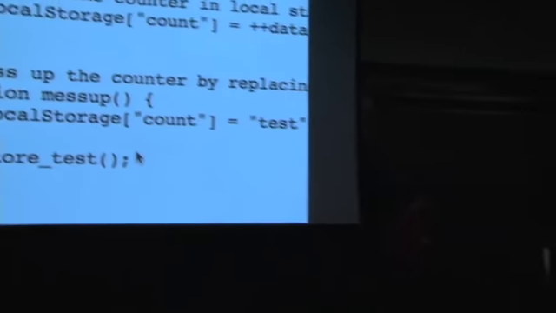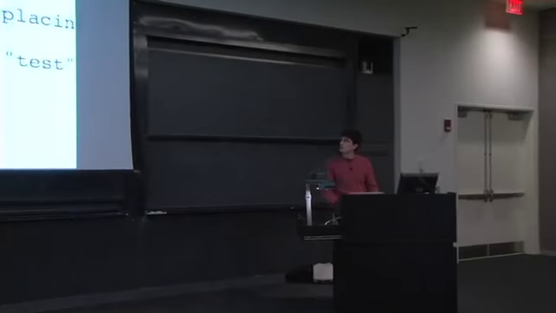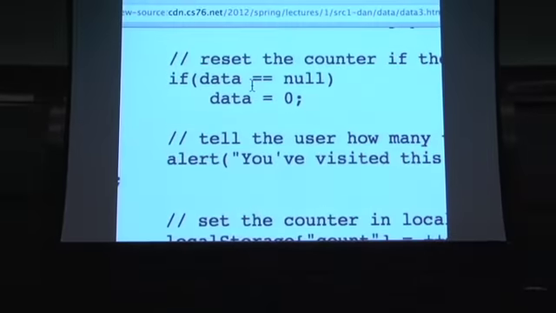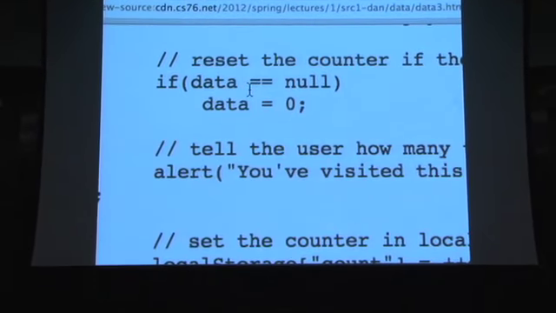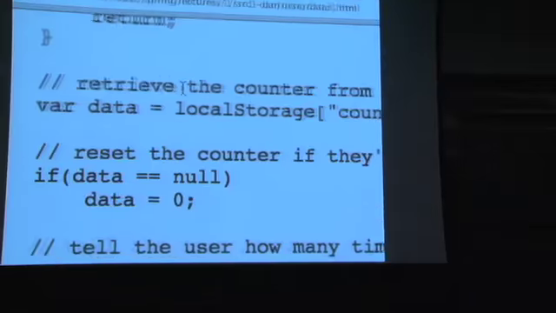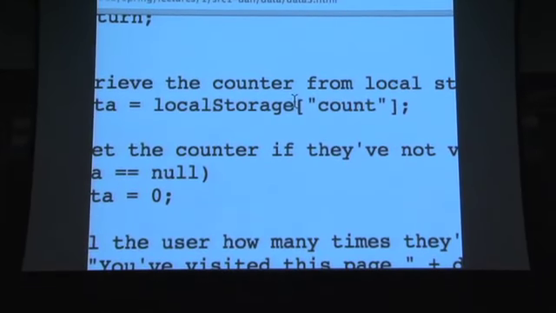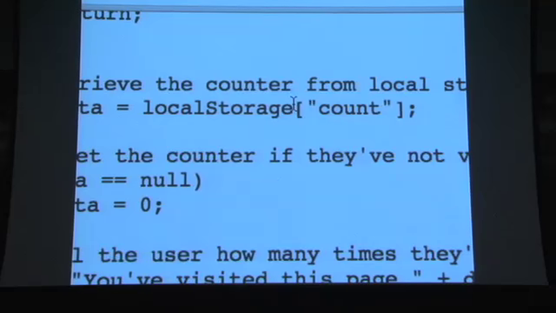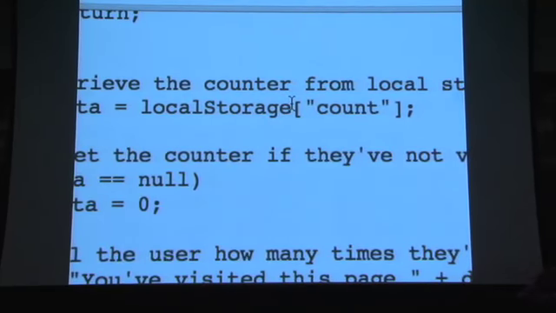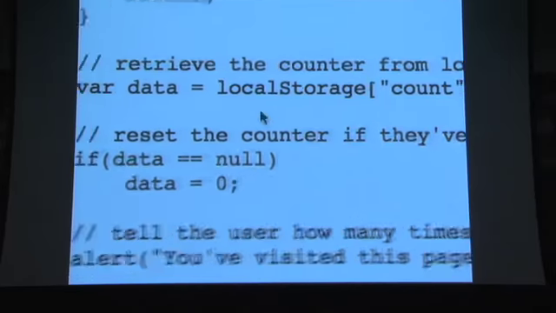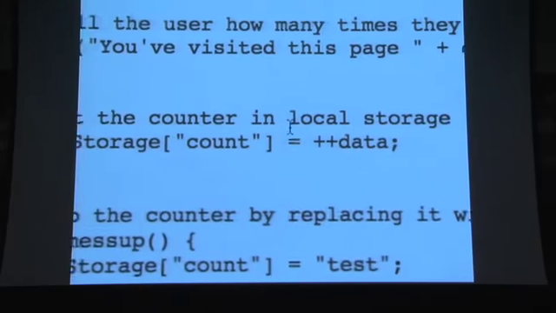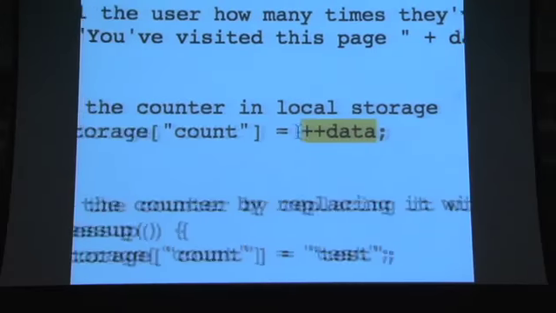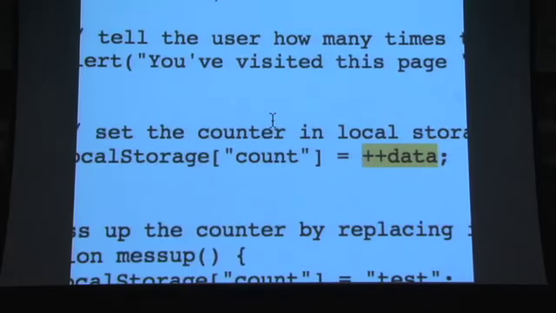Now, the reason this is important is that what I had before was actually really poor code. I mentioned that the data is actually stored as a string and not in any other format. So what's happening in this code that retrieves this data and increments it, right here, using this plus plus data, is an implicit type change from string to an integer.